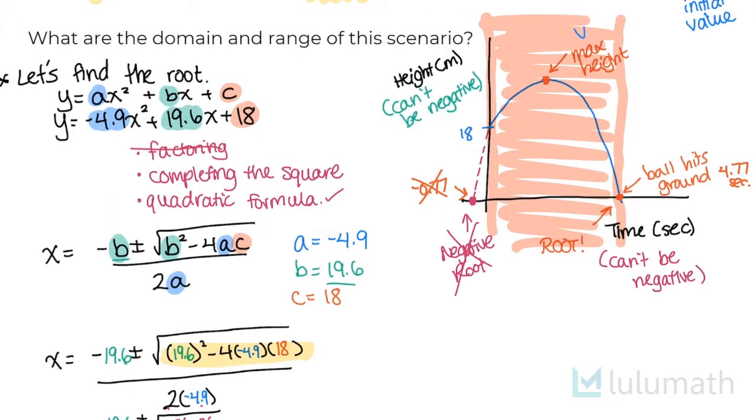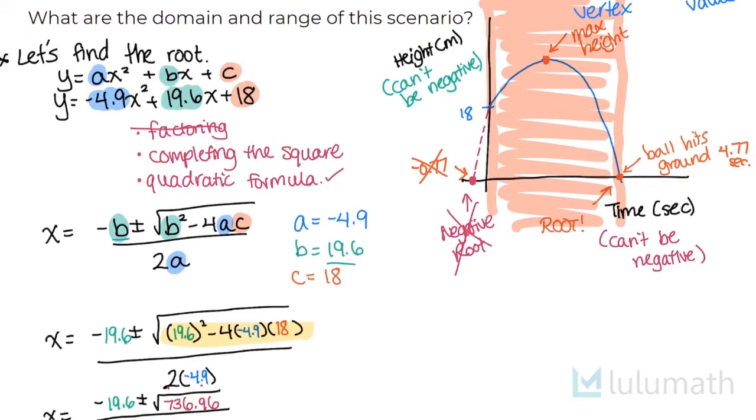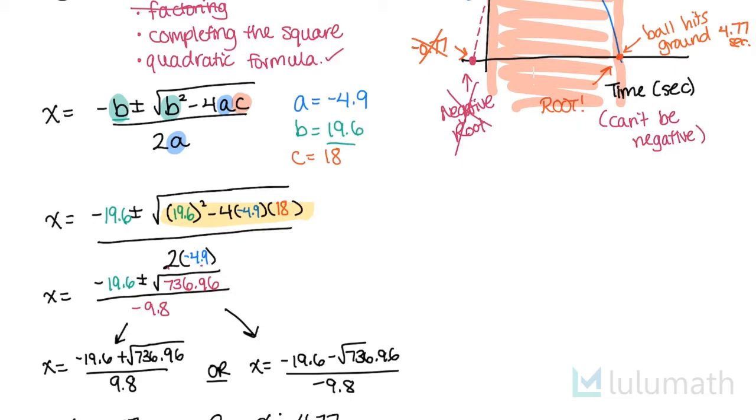Now for our range, we have to find our vertex. We have a few options. We can either average our roots, or we could use x equals negative b over 2a, or we can get it from having completed the square because that puts us in vertex form. Because my roots are irrational, and because I haven't completed the square, I'm going to go to x equals negative b over 2a.